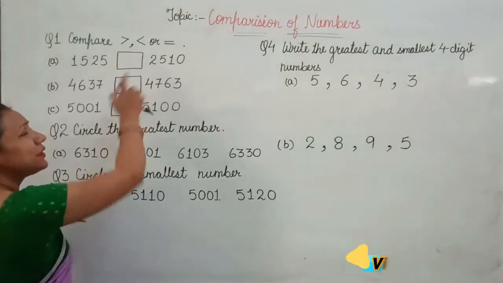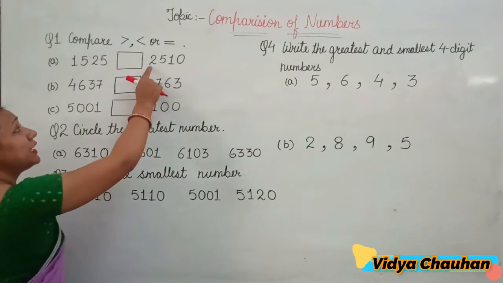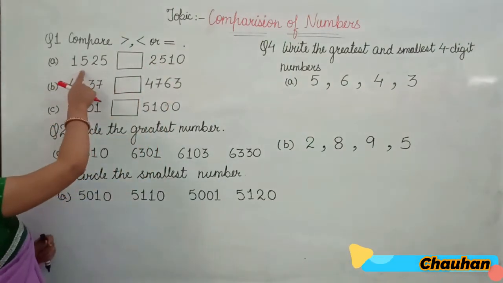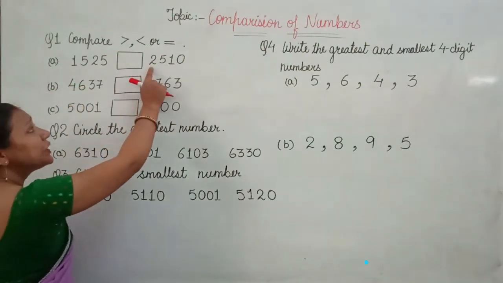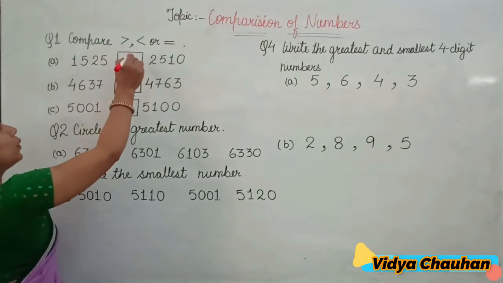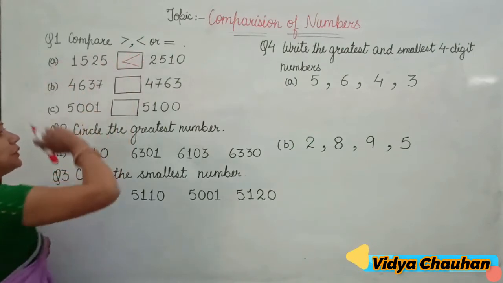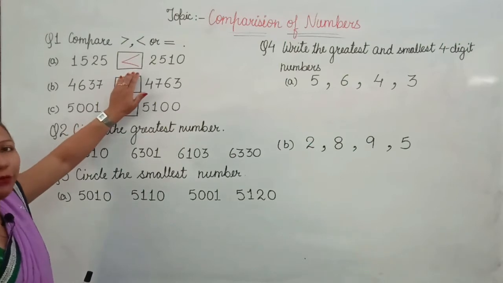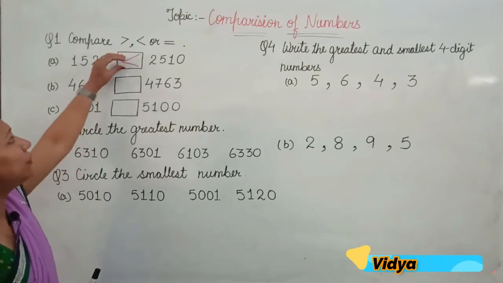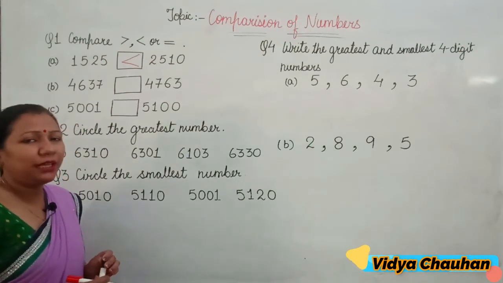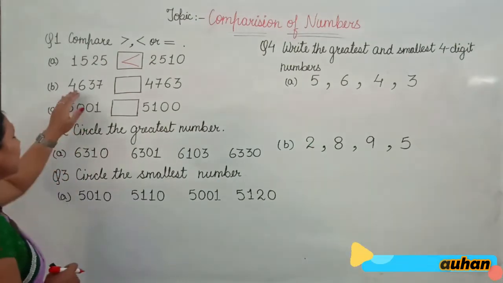Yes, 2 is greater. Since 2 is greater, it means this complete number is also greater than the first number. So hence you can say 2510 is greater than 1525. And hence you will open the mouth of the crocodile towards 2510. Okay students?